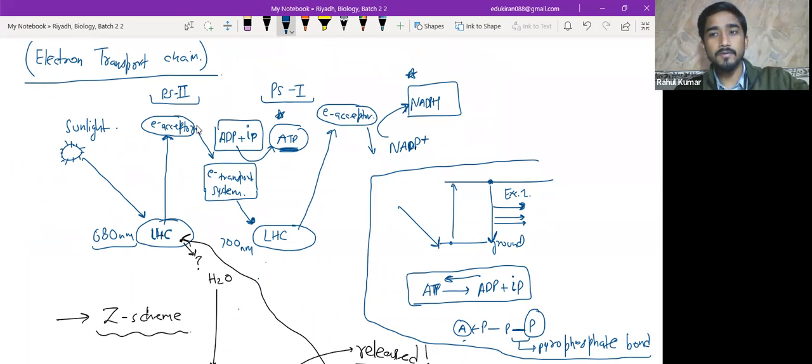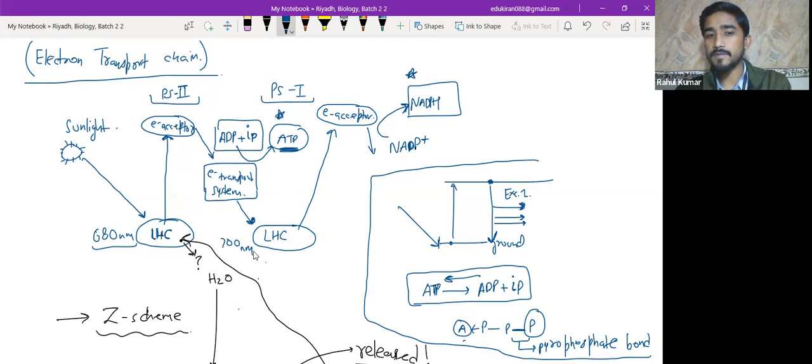In order to come back to the ground state, it has to give out that energy, and that energy is utilized in the electron transport system to make ATP from ADP, right?